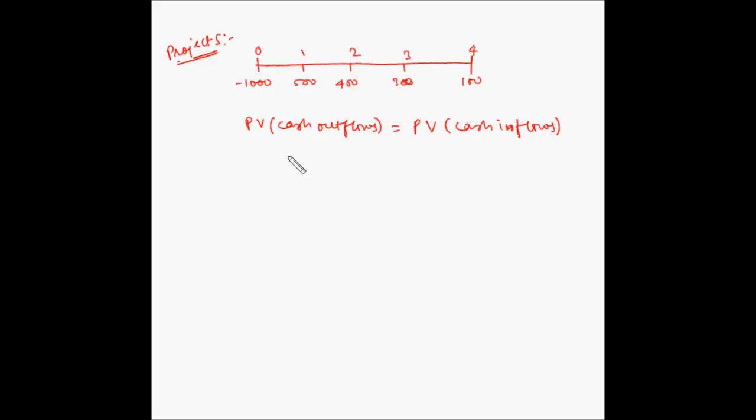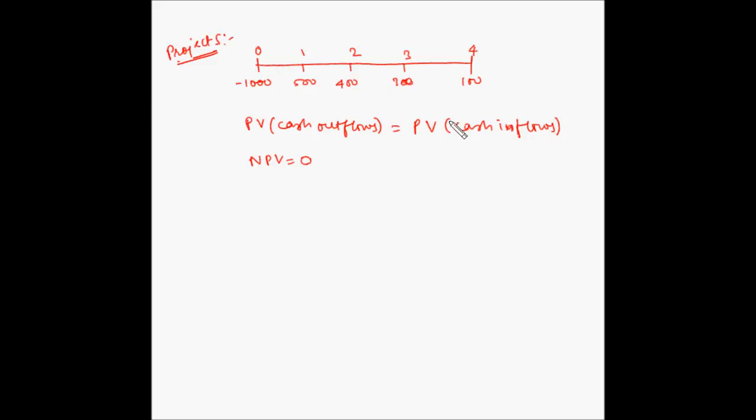Now, what this means is that IRR is the rate that forces the NPV to be equal to 0, because NPV is the net of all cash flows. So when we do the net of all cash flows, we'll represent cash outflows as negative and cash inflows as positive.